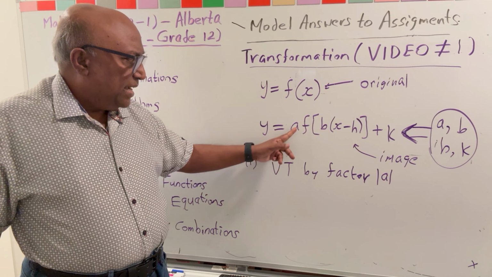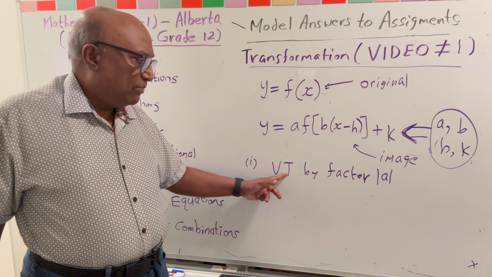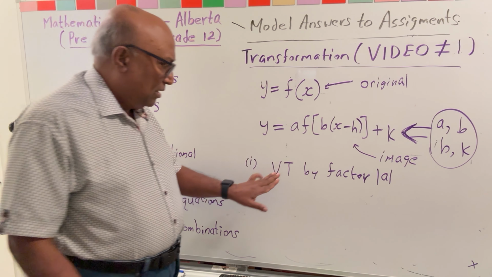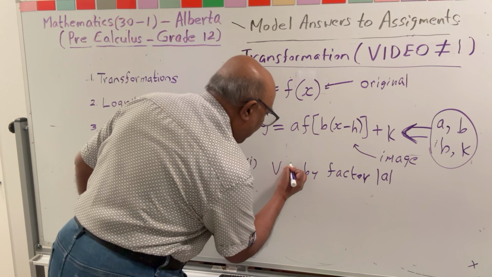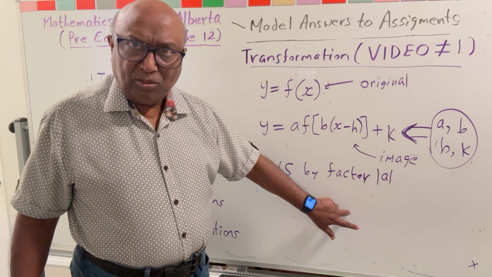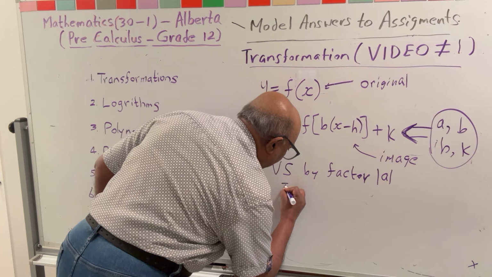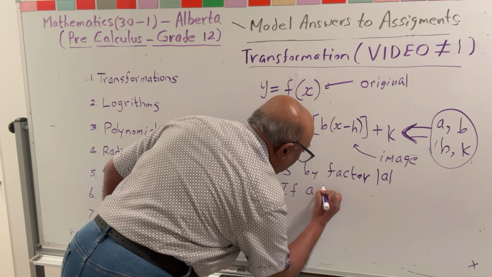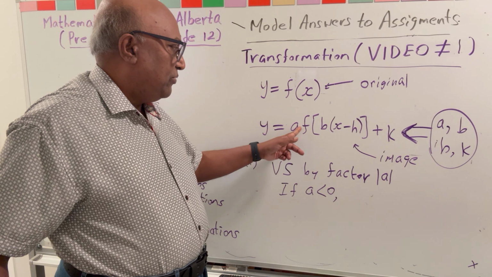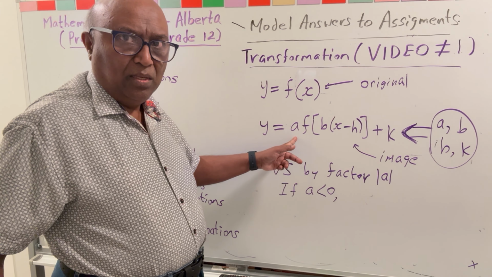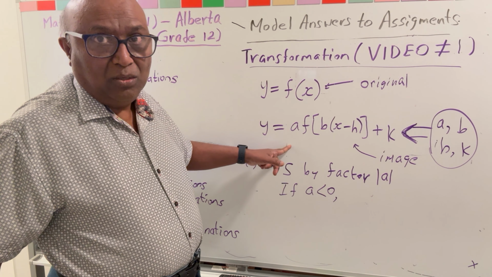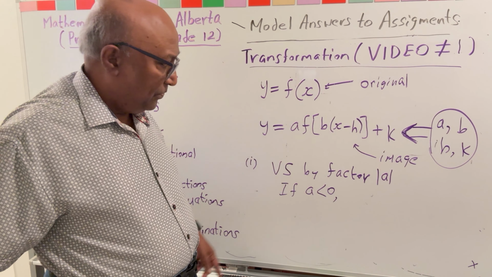That means A transforms the function by a vertical stretch by a factor of A. In addition to this, if A is negative, what will happen? Sometimes A can be -1 or any other negative number.